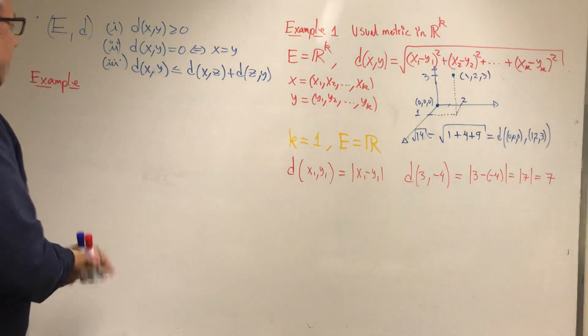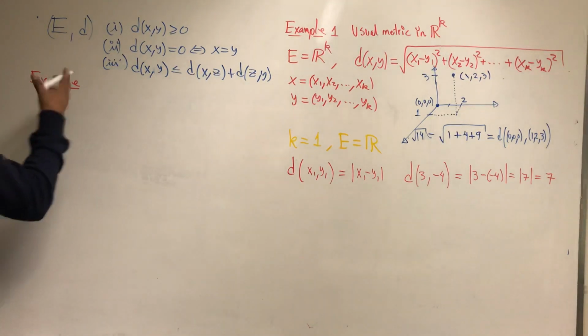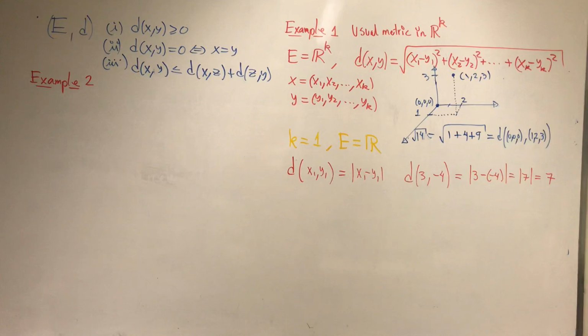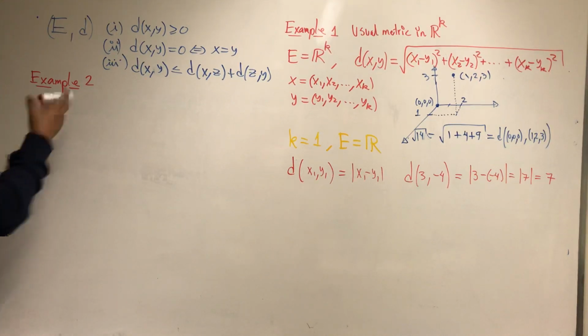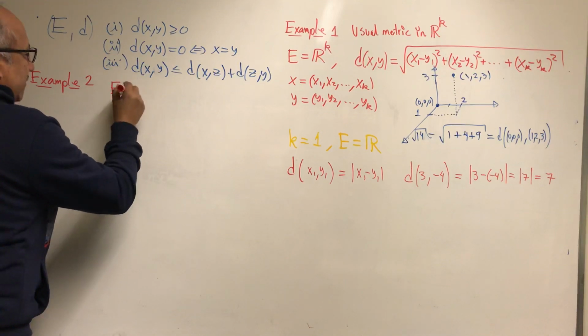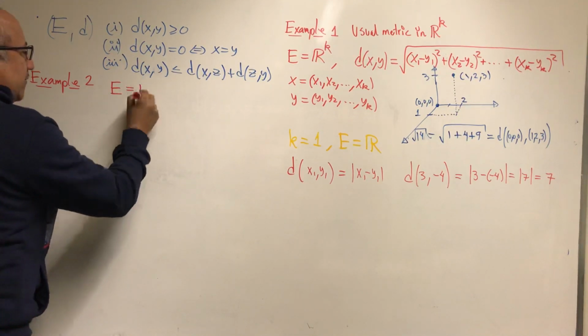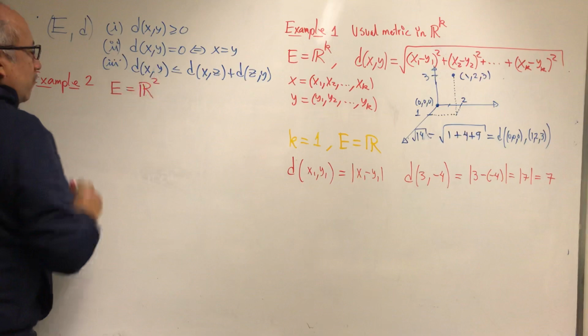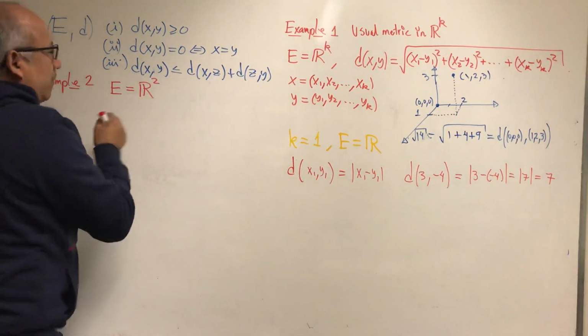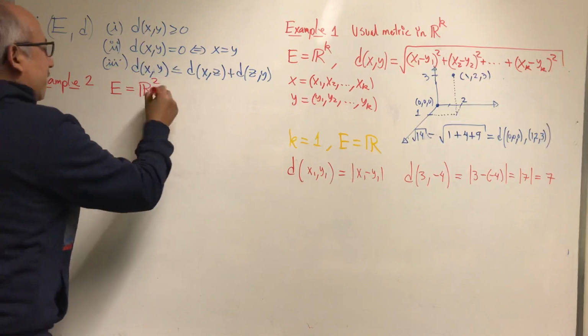Excellent. We're going to work with example number 2. We have a metric space whose universe is the Euclidean space R2, or the Cartesian plane, you can call it.